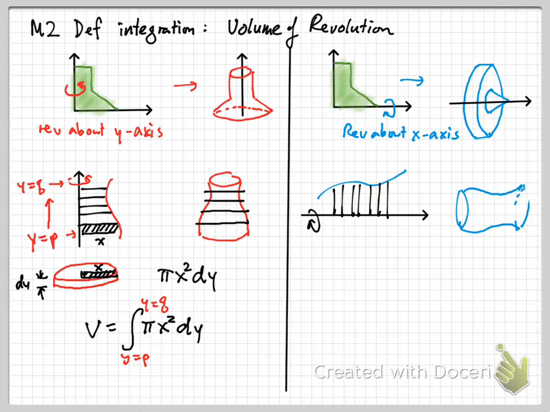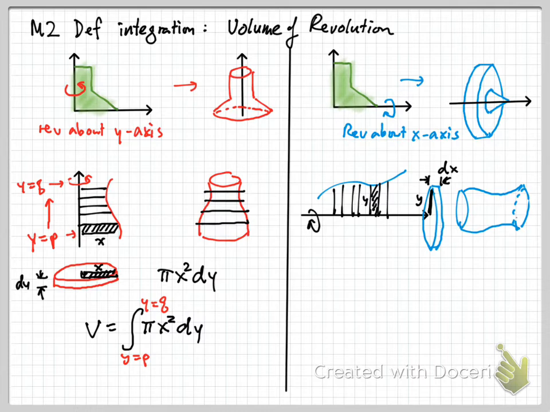If you cut up the volume, once again you slice it up, each element is a disc. Each of these rectangles, after the revolution, becomes a disc. The height of the rectangle becomes the radius, and that is y. The thickness of this disc is now dx.